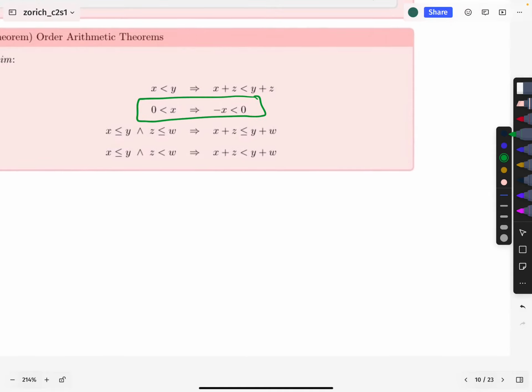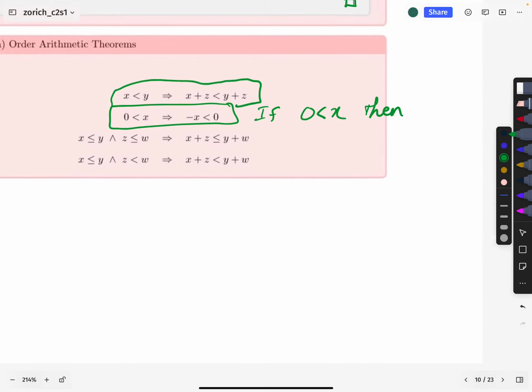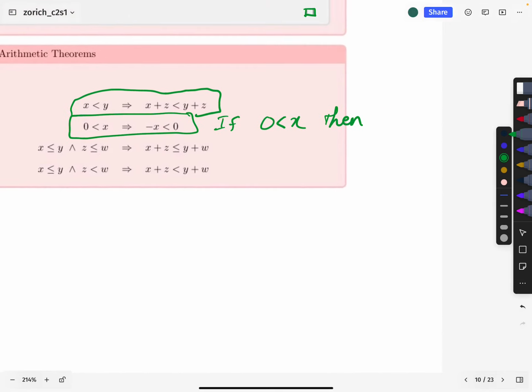It's a pretty straightforward proof. If 0 is less than x, then we're going to solve this with the assumption that the earlier thing has already been proved, and therefore I get to use it. So I'm going to use the earlier fact to prove this fact, and from here I can add negative x to both sides, or subtract x from both sides.